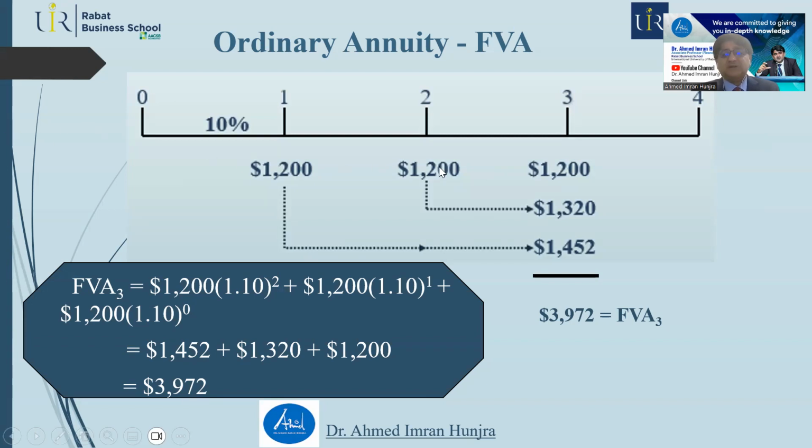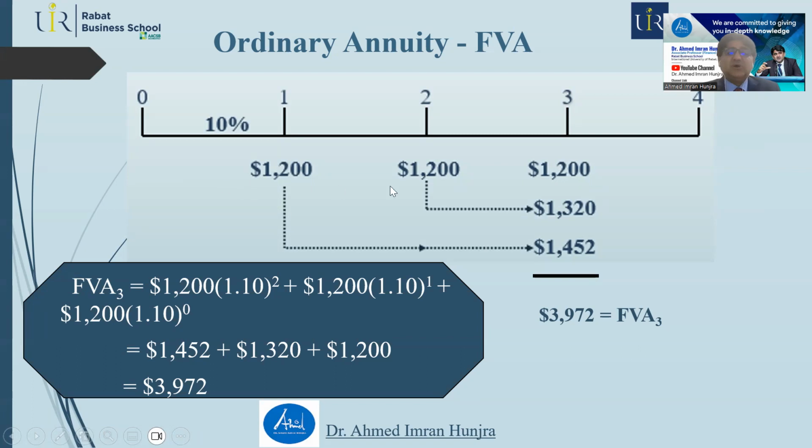So how much are we going to invest? 1,200, 1,200, 1,200, total 3,600, but at the rate of 10%. How much will it grow, how much can we get at the end of 3 years? 3,972. It means the future value is always greater than the present value.